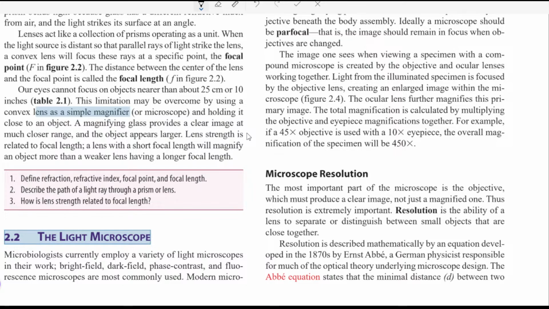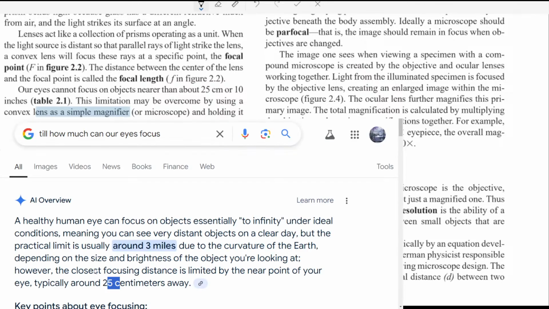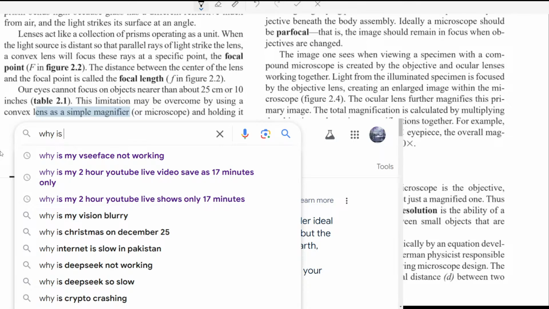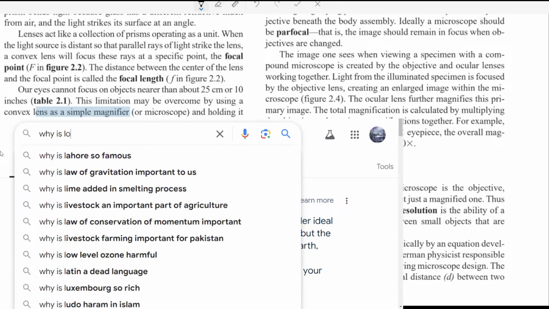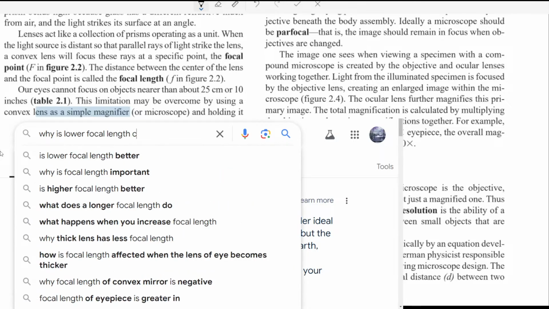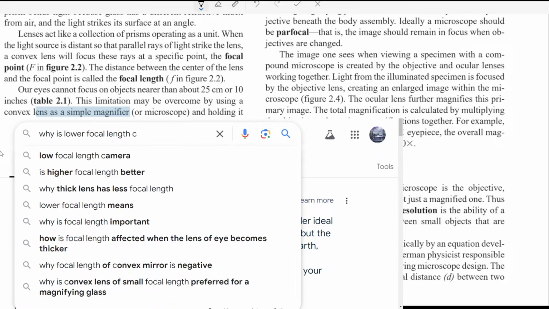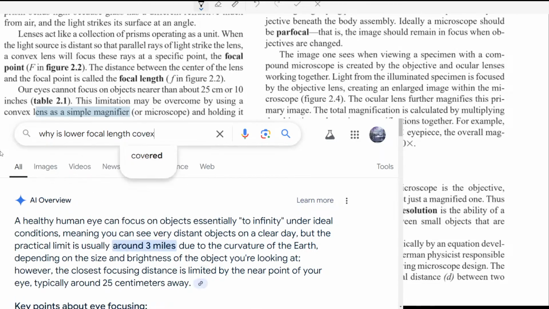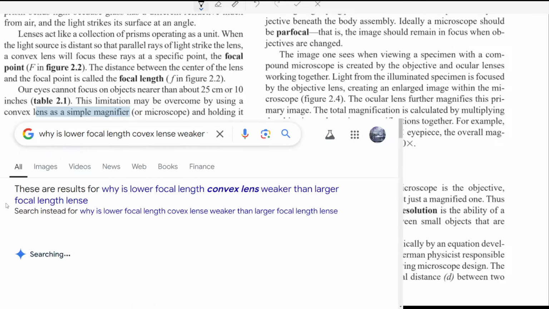Guys, but I do have a question. And we are going to ask that question. Why is a lower focal length convex lens weaker than the larger focal length?